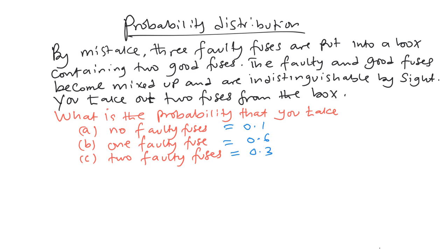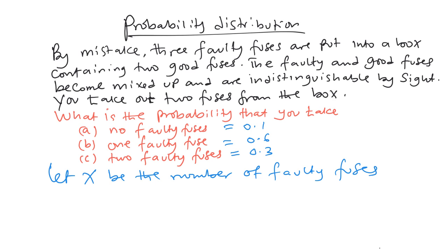We let X be the number of faulty fuses. And we said the probability of x equal to 0, no faulty fuse, we can write as 0.1.